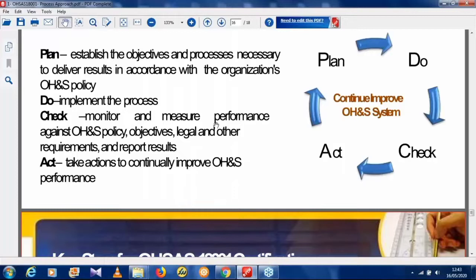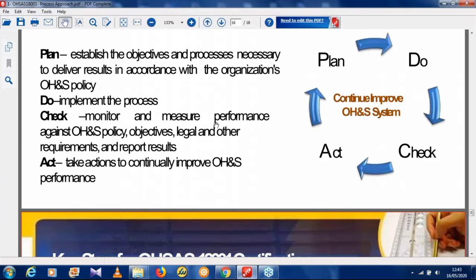Now, let me explain this. Like in monitoring and measuring, we look at key performance indicators. There will be some things we need to use to measure. Now, how do you measure that? You'll be taking records within some time. How many accidents have occurred? How many injuries have occurred?